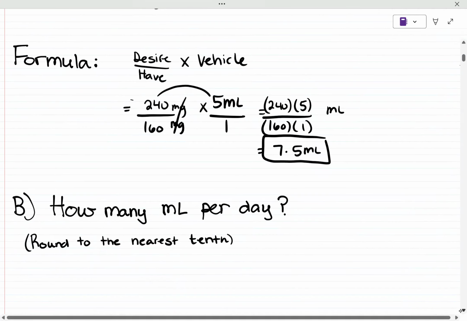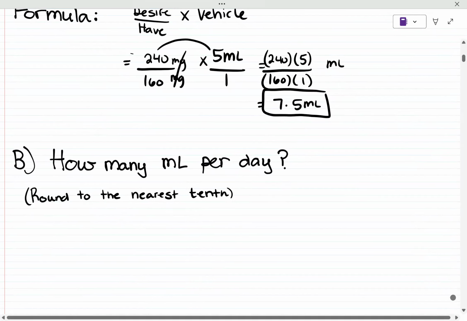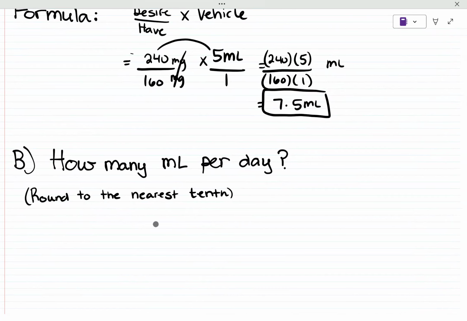Part B says, how many milliliters per day, round to the nearest tenth. If you go back to the problem, it says Q6H.